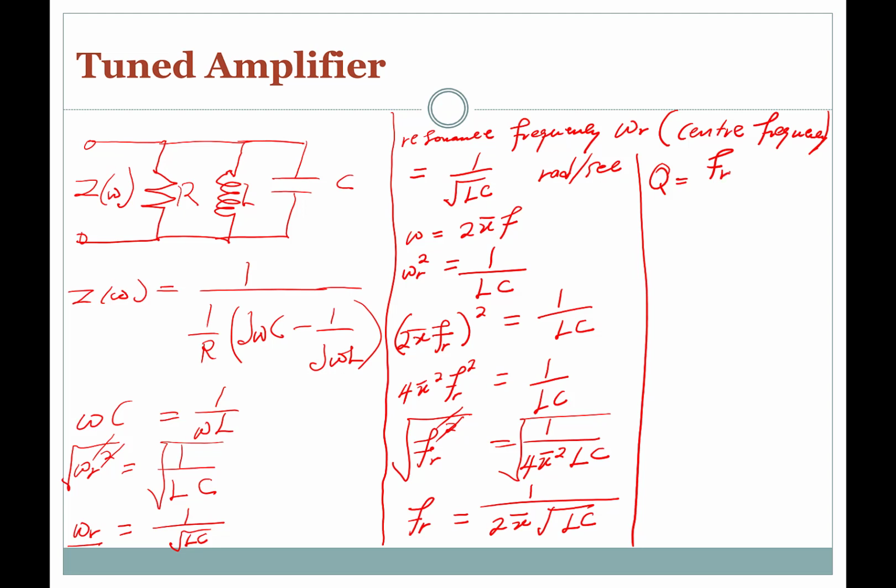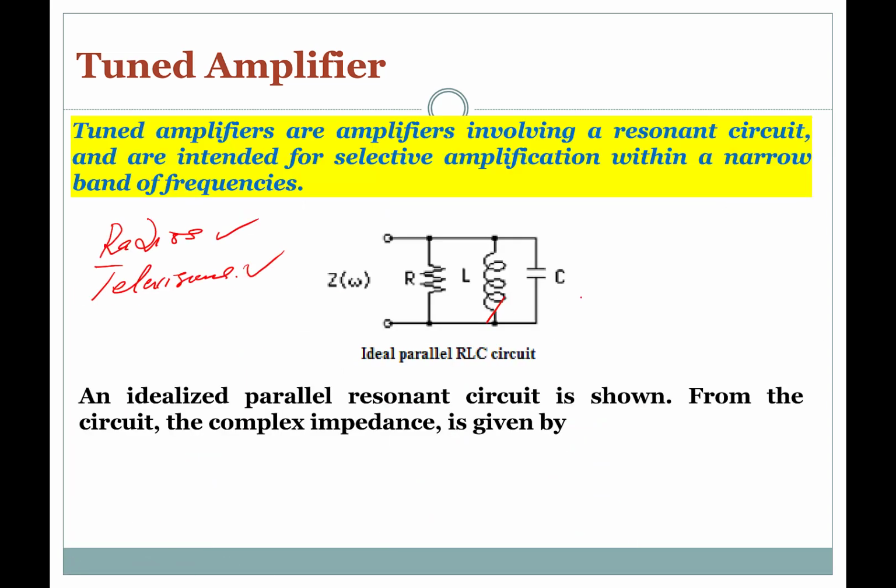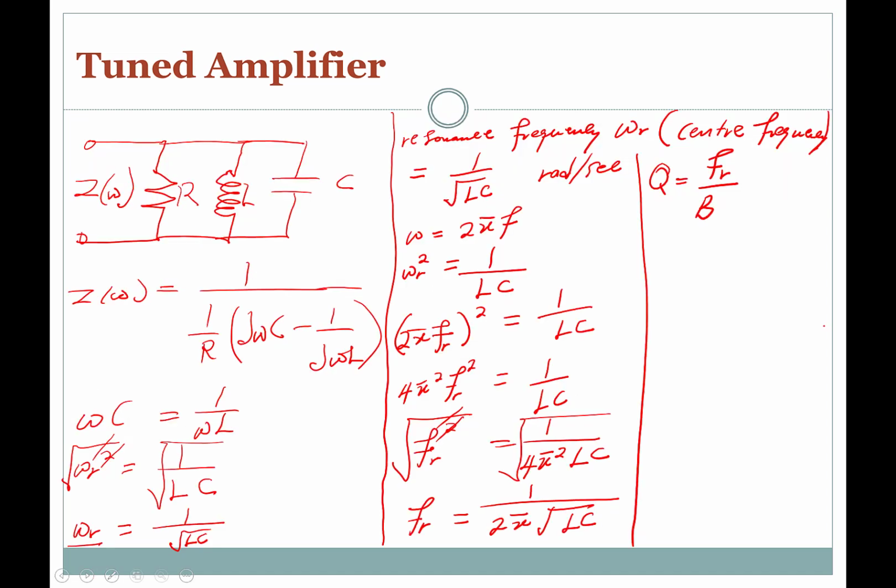So the quality factor gives us the ratio of the resonance frequency to bandwidth, BW. Now Q is determined by the circuit component values for a parallel resonance circuit.